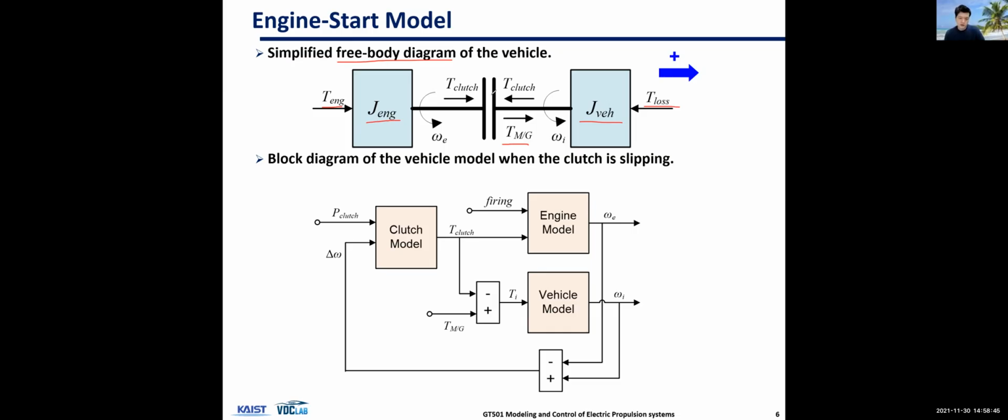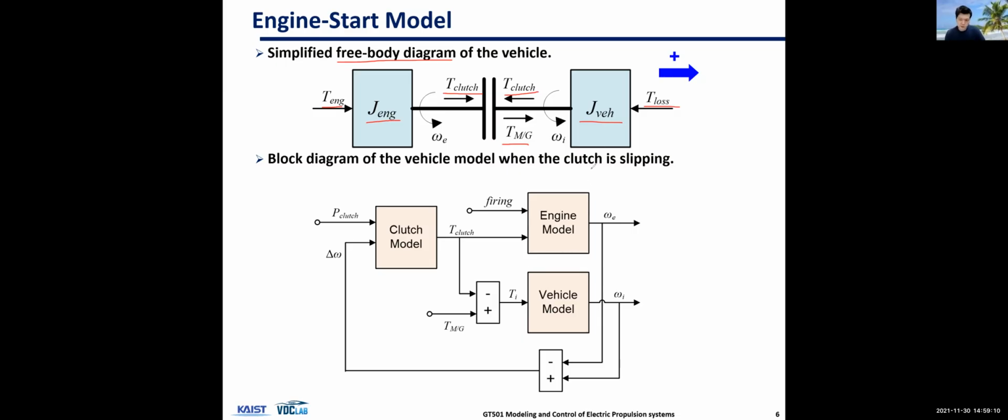And then we have clutch torque equally applied to both sides, but in opposite direction, right? Action reaction. So this is the free body diagram, and if you want to develop a model using this free body diagram, you will end up with this type of model.